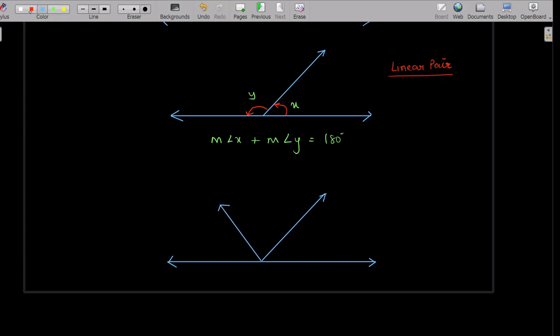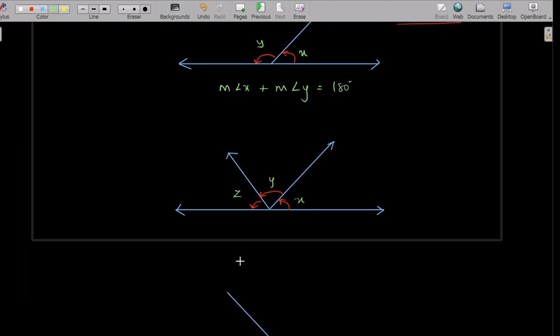If this one is x, this one is y, and this one is z, what will be the sum of the measures of angles x, y and z? 180. Again 180. So angle x, angle y and angle z together are still going to be 180.